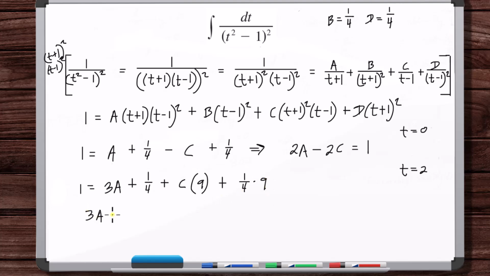So 3a plus 1/4 plus 9c plus 9/4 is equal to 1. Okay, 3a plus 9c plus 10/4 is equal to 1. What is 10/4? That's 5/2.